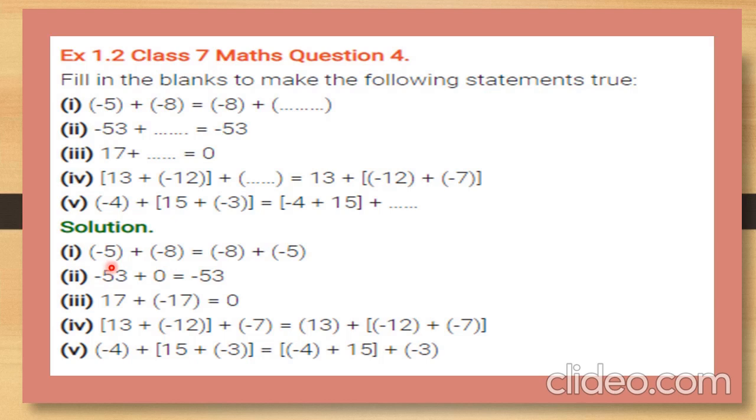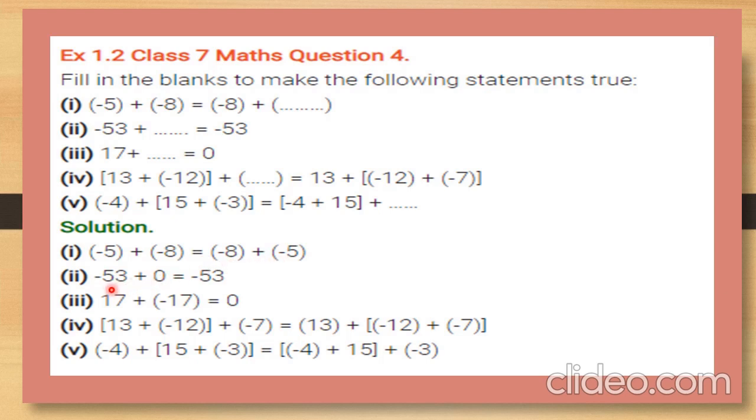If you add minus 5 plus minus 8, both are minus, so add and put minus sign. So 5 plus 8, 13, so minus 13, and here minus 8 plus minus 5, both are minus, add and put minus sign, so minus 13 answer. So 13 is equal to 13. So answer remains same. So in the first blank, answer is minus 5.